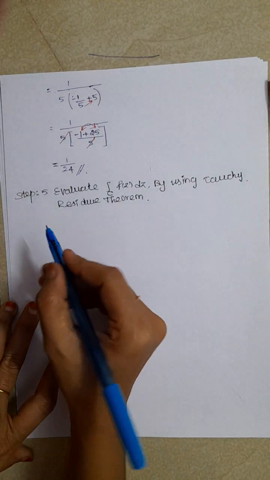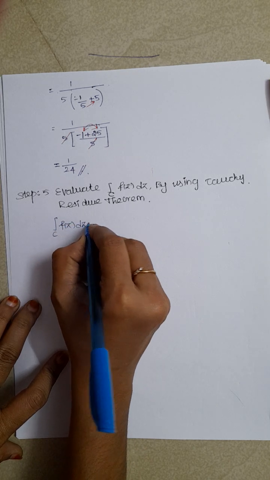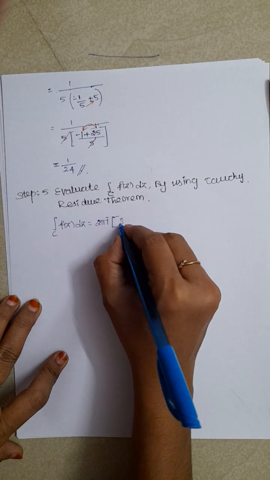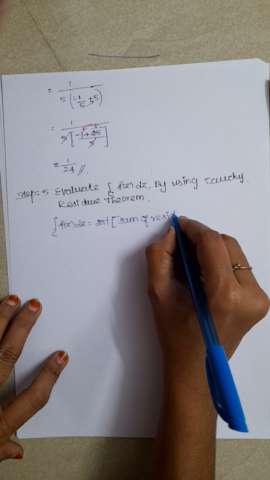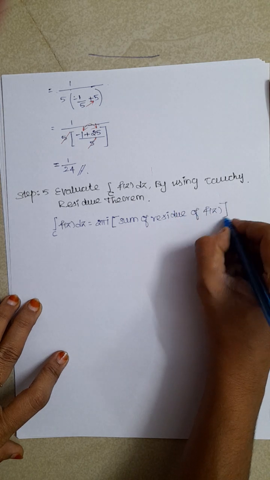By the Cauchy residue theorem, the integral over C of f of z dz is equal to 2 pi i times the sum of residues of f of z.